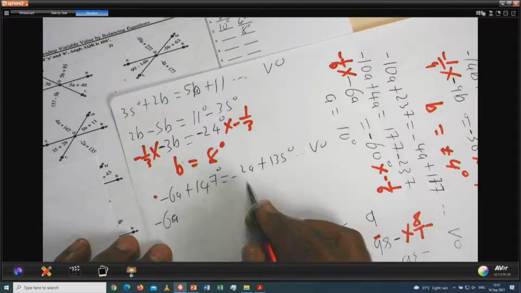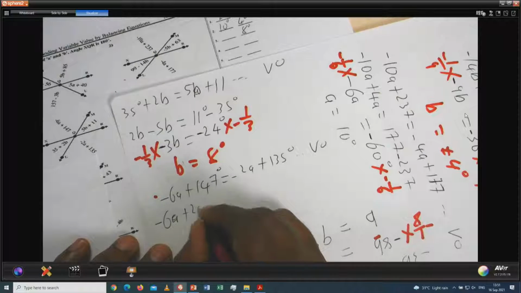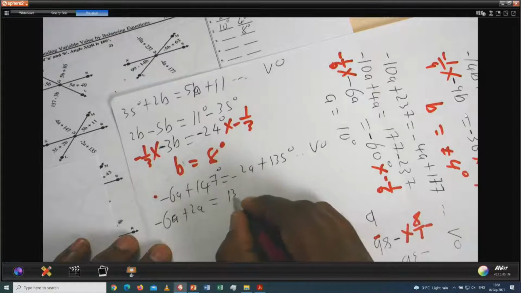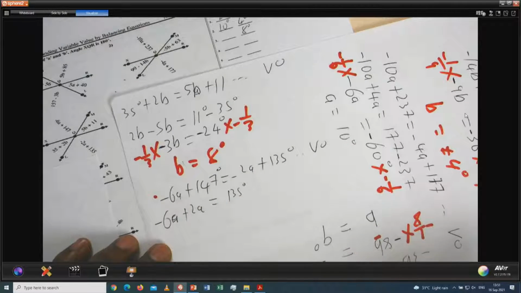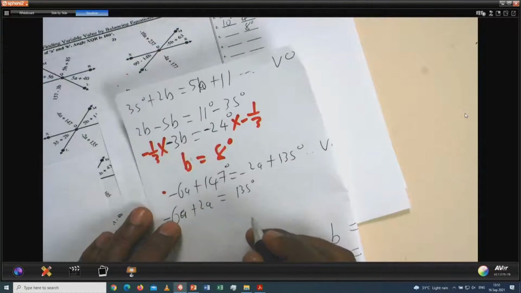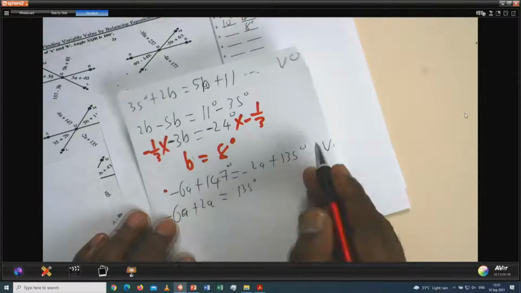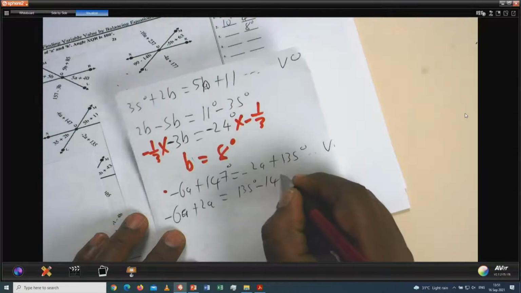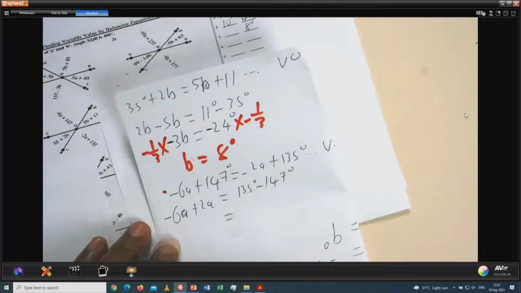This one because it's changing the position, therefore the sign will change. This one remains the same because the position is not changed. All right? This one moves to the right, therefore the sign will change.